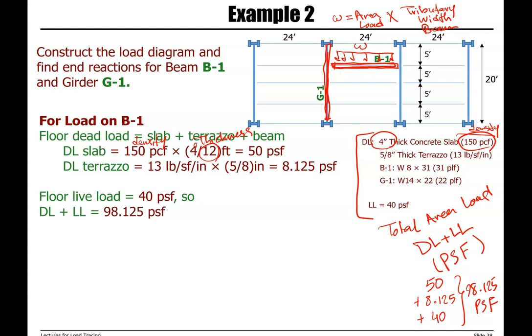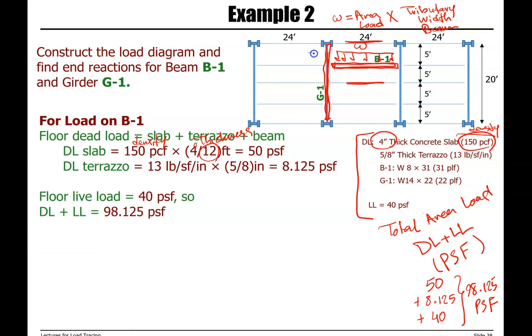So first we need to find the tributary width for our beam. Beam B1 has two adjacent members, one on the right side, another one on the left side.